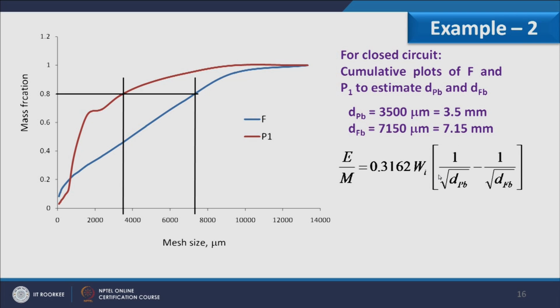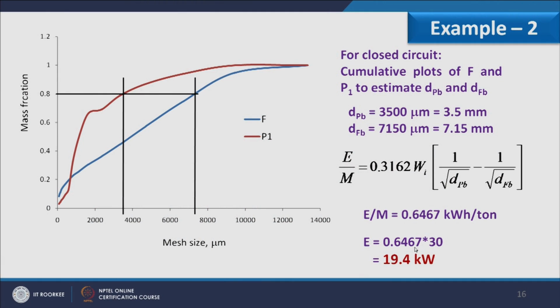Considering this value along with the work index, we can calculate the energy consumption per unit mass. If I consider closed cycle, the mass which is entering is 30 ton per hour. So, that m we can take as 30. So, this we can multiply with 0.6467, total 19.4 kilowatt is the power consumption for this closed cycle.